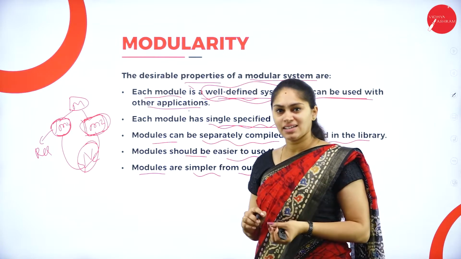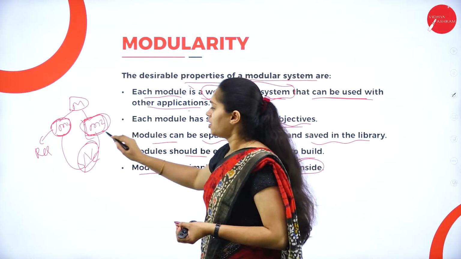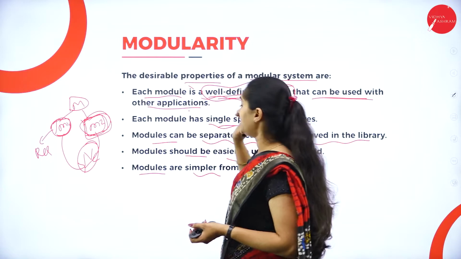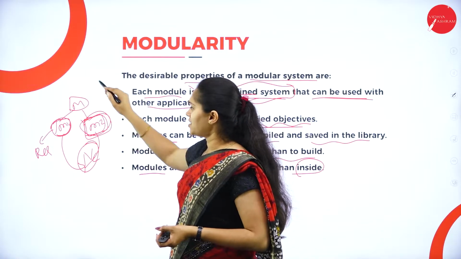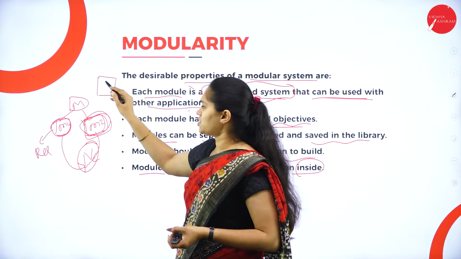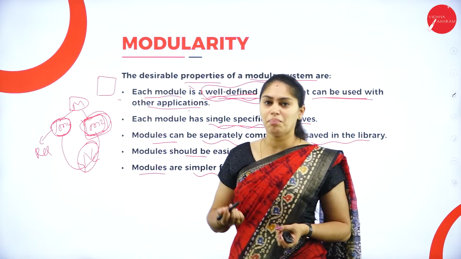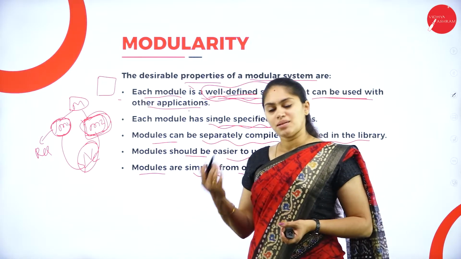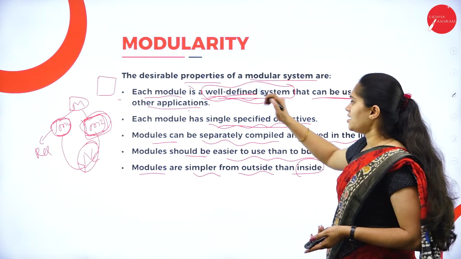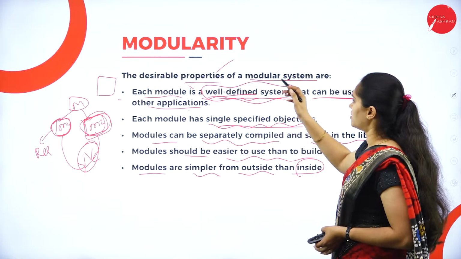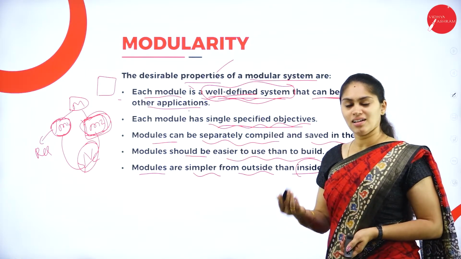So when we build that well-defined system in an efficient manner, we save it in the library. That means instead of developing it again or compiling or testing it again, we can simply use it in our software development. So these are the properties that we have to consider with respect to this modular system.